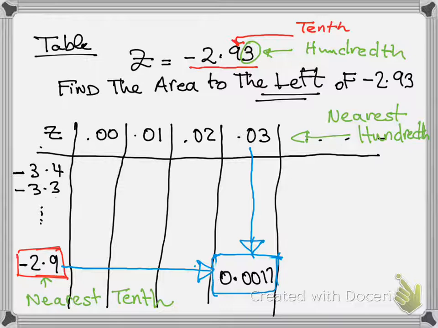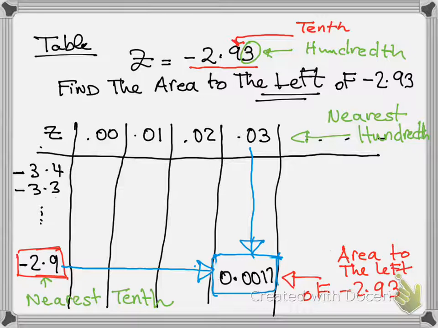So this is the area to the left of negative 2.93.